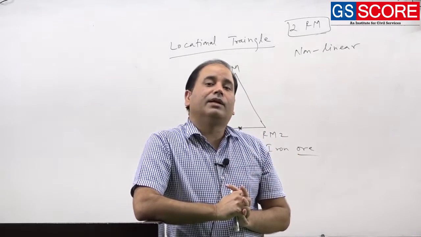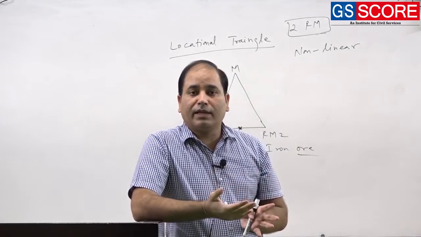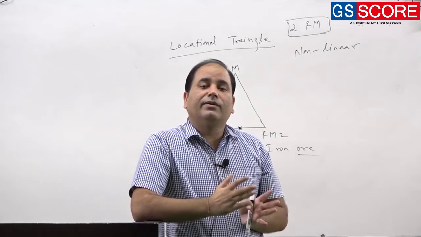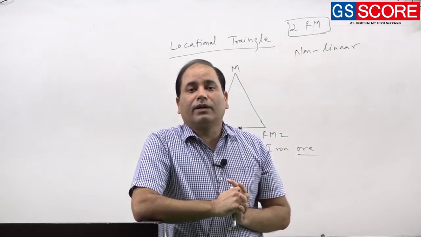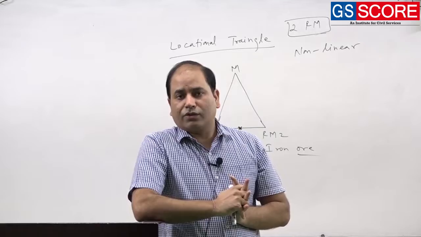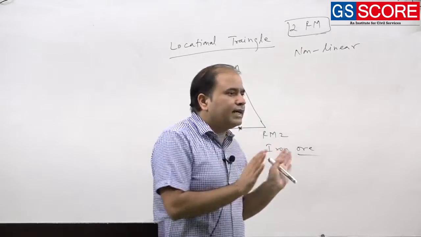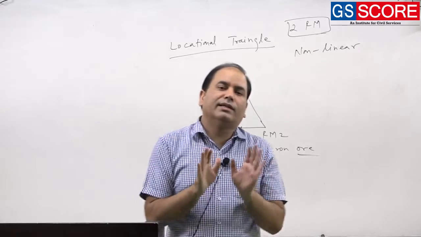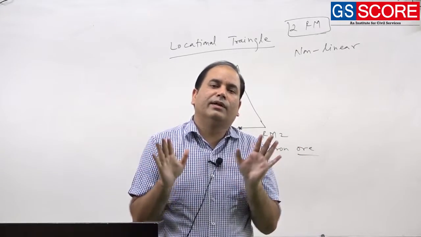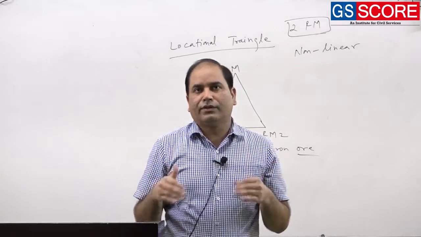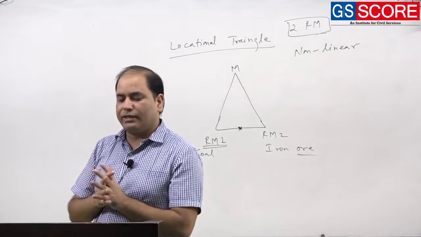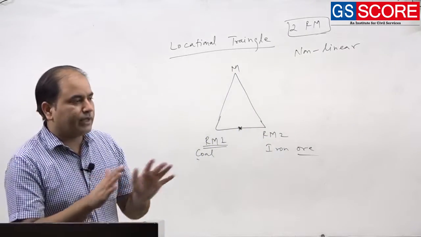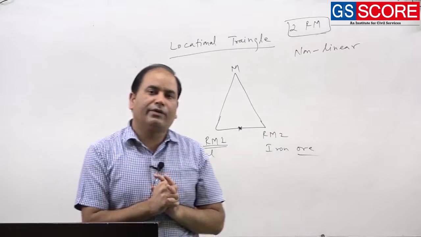If you want to set up a weight losing raw material based industry, then you need to locate it near to the raw material. So simply, the idea of transportation cost of Weber was that the industry should be based on the transportation cost. So that's it for transportation cost, and I hope this term is clear to you.